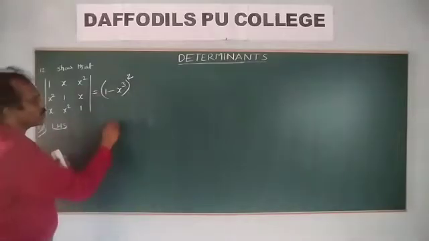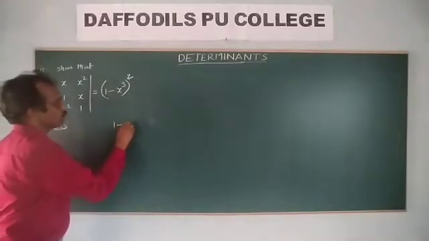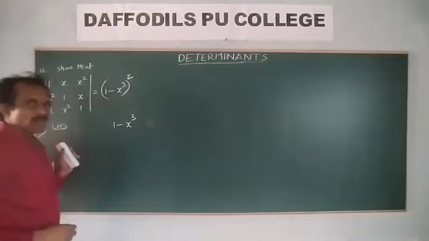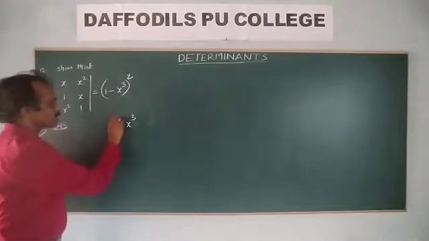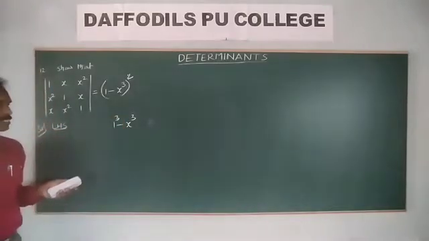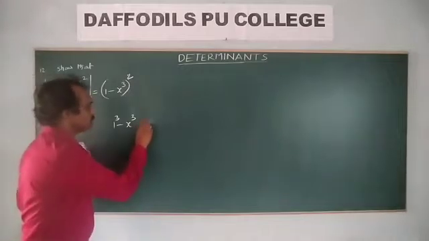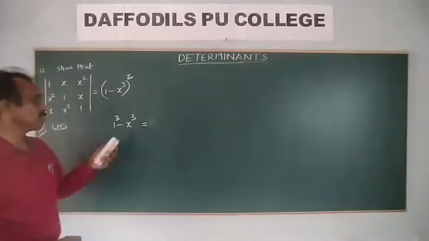So first of all, this is one of the identities. 1 can be written as 1 cube minus x cube. What is the resultant value?